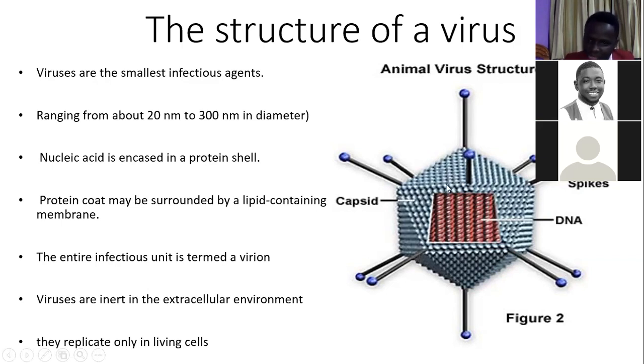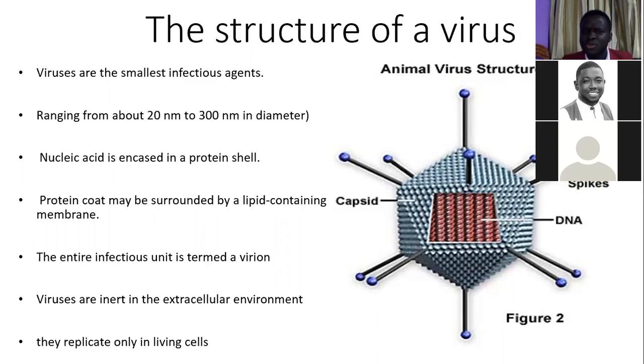The outside protein coat is the capsid. They are made up of individual protein subunits called capsomeres. I'll talk about the capsomeres later. Within the capsid are nucleic acids. The nucleic acid can either be RNA or DNA. A particular virus doesn't have both. It may have only one, either DNA or RNA.